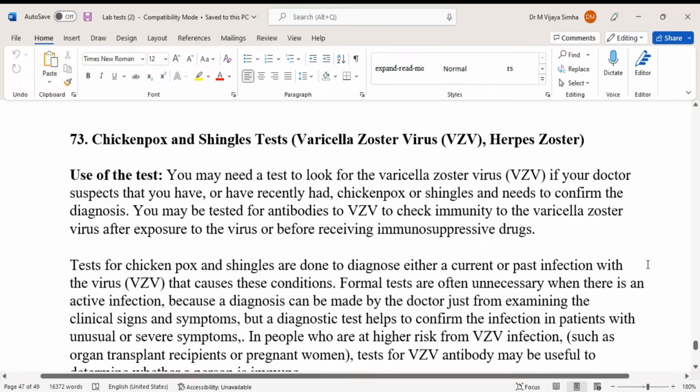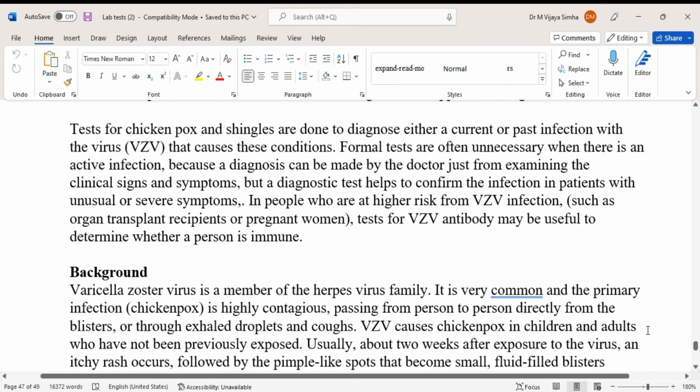Tests for chickenpox and shingles are done to diagnose either a current or past infection with the virus that causes these conditions. Formal tests are often unnecessary when there is an active infection because a diagnosis can be made by the doctor's examination of the clinical signs and symptoms, but a diagnostic test helps to confirm the infection in patients with unusual or severe symptoms.